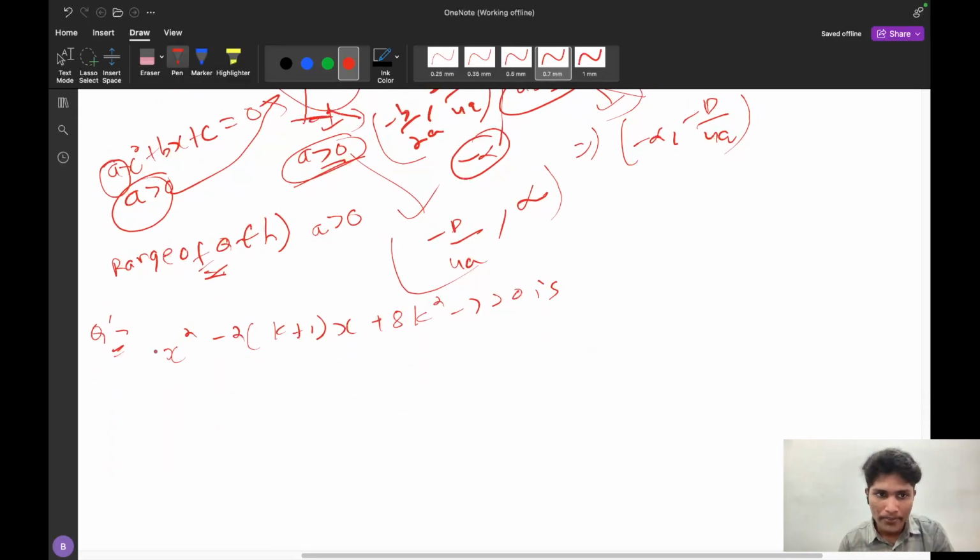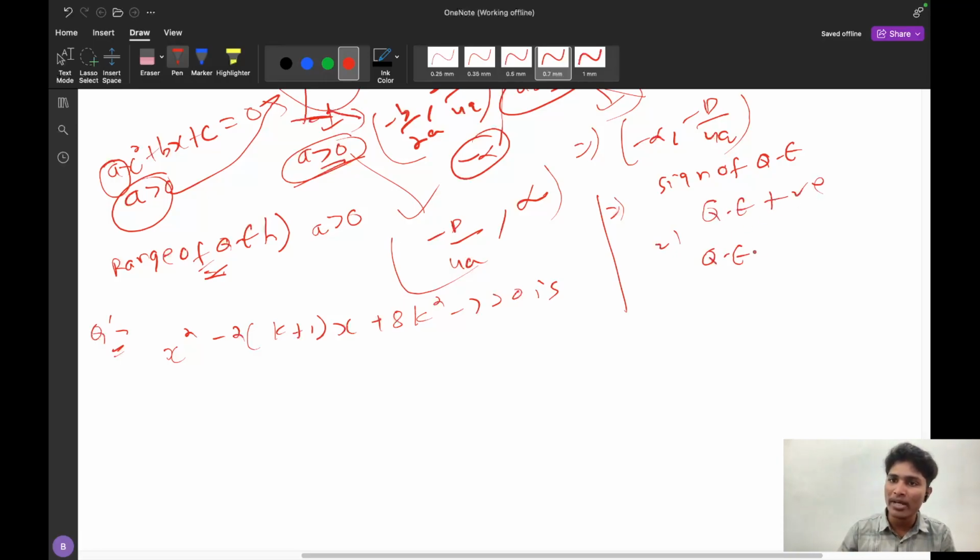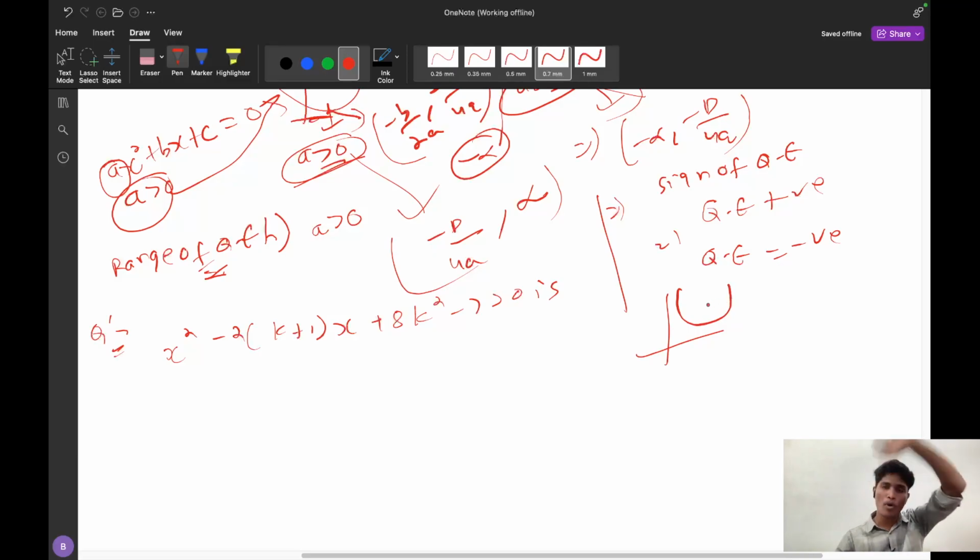If you observe, there is one concept I missed: the sign of the quadratic equation. What is the sign of the quadratic equation? The quadratic equation can be positive, and it can be negative. When it is positive and when it is negative, what does it imply? If the graph is entirely above the x-axis, it has a greater than 0 and discriminant less than 0, because it does not have any roots.